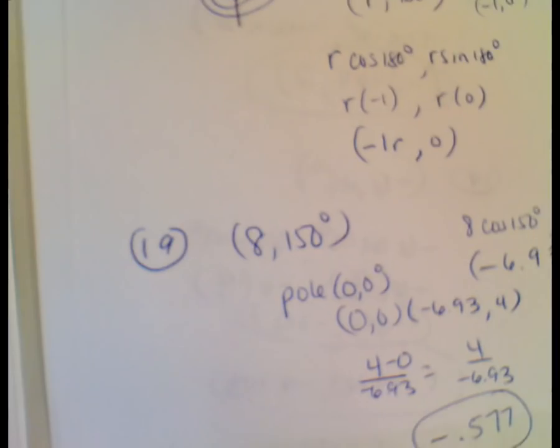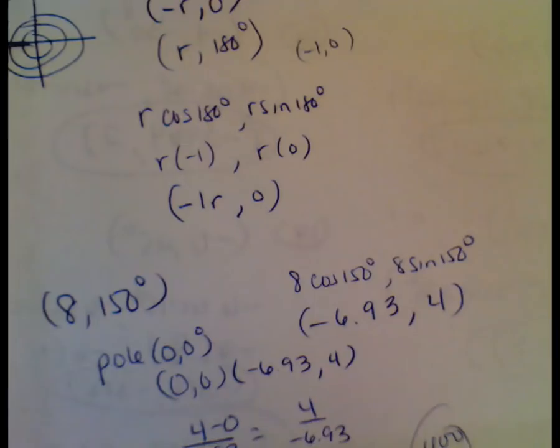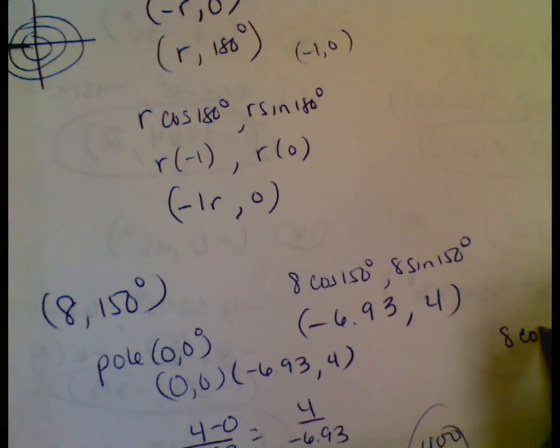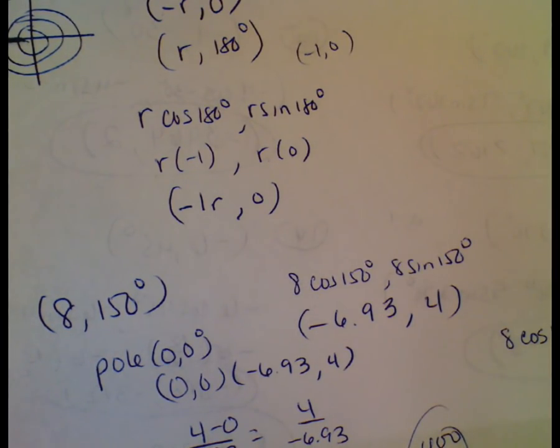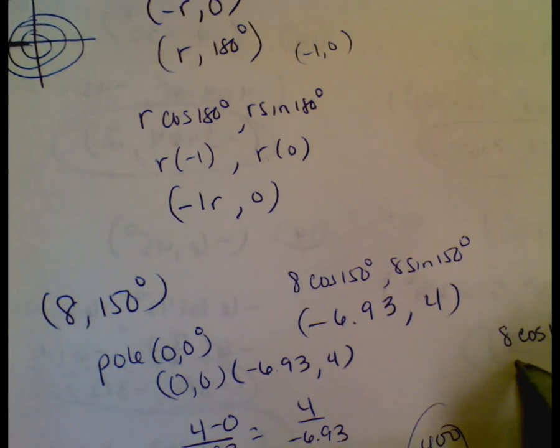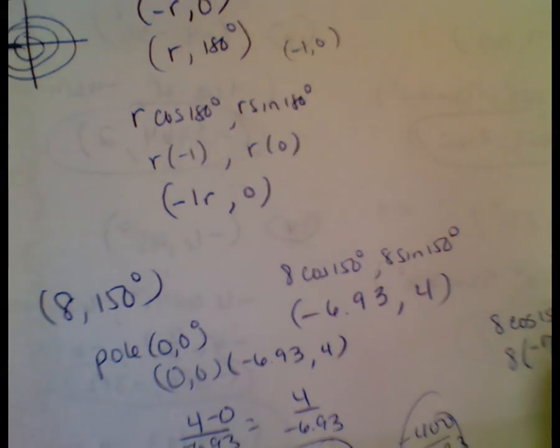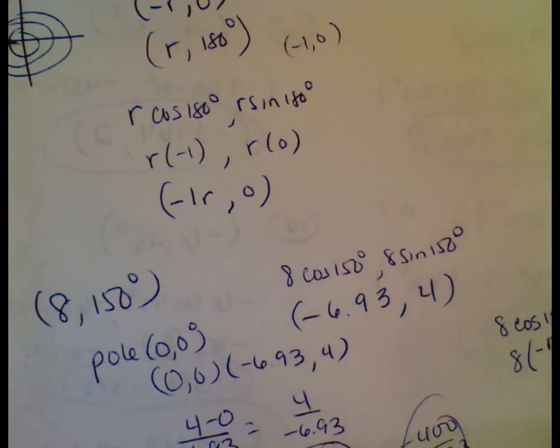Now, if you wanted to do this with exact numbers, since 150 is on the unit circle, 8 cosine of 150. Cosine of 150, let's think, it's in the second quadrant, so cosine's negative. It's a 30 degree reference angle, so that'd be 8 times negative radical 3 over 2, comma, 8, and then that would be 1/2. Sine is positive.